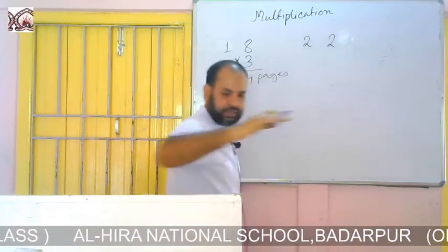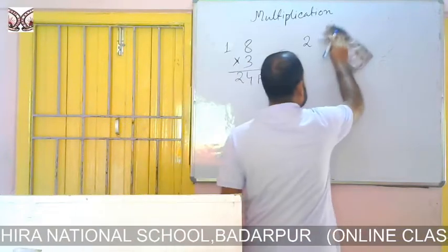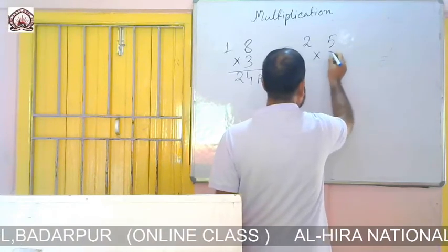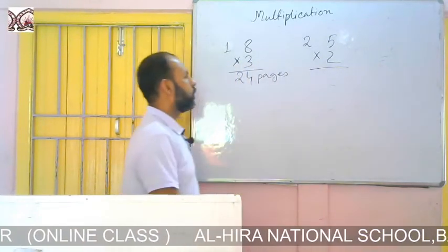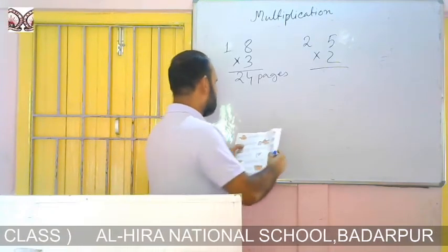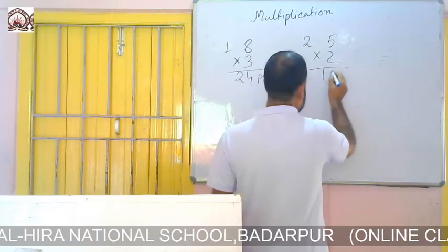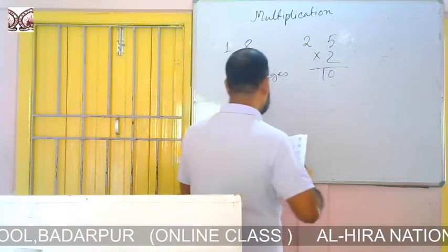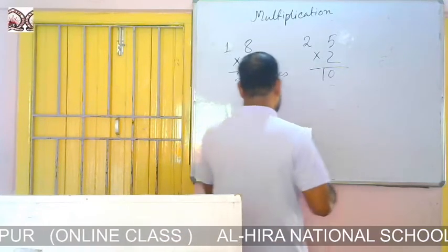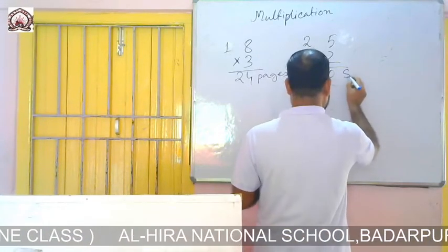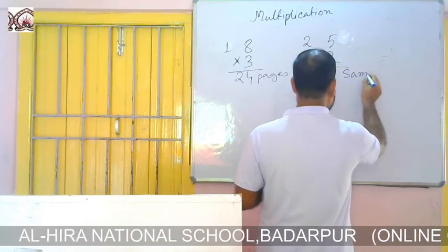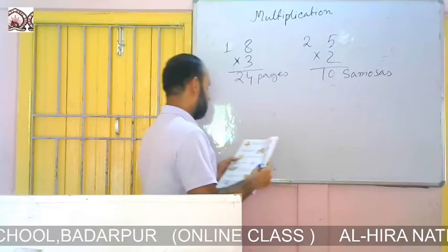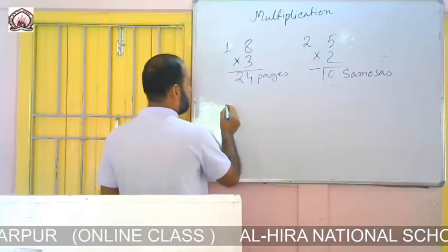Each child gets 2 samosas. That means 5 into 2. 5 2s are 10. So she gives 10 samosas.